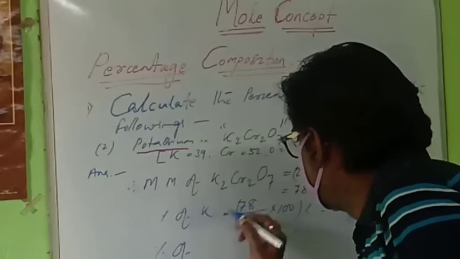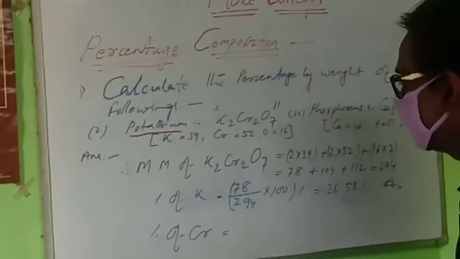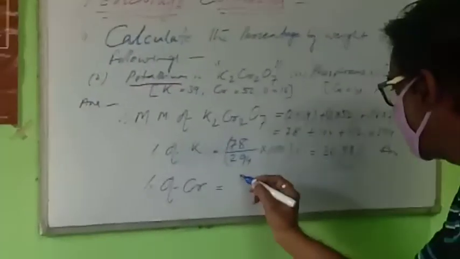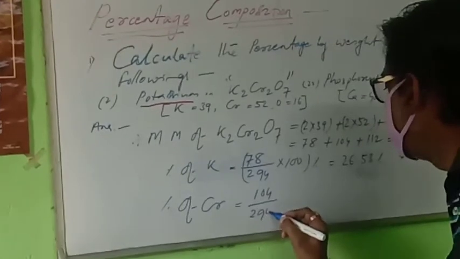Same process you can use to find the percentage of chromium. Percentage of chromium is 104 by total 294 into 100.